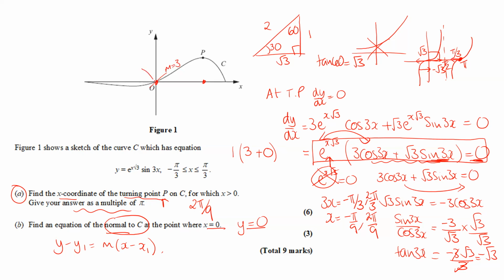So the gradient of the normal makes 90 degrees, so the m of this is going to be minus a third. Just put it back in here, because we know it goes through the origin, it's just going to be y equals minus a third x. So perpendicular gradient there for the normal. Is that okay? Everyone all right with that one?